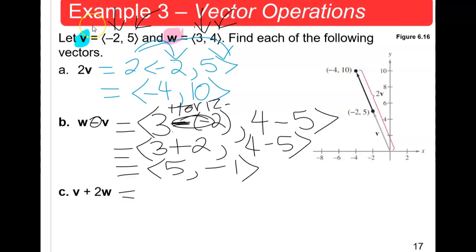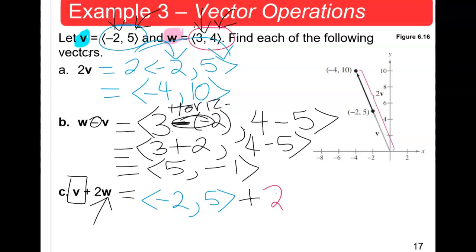Now, for the next problem, we're going to have vector v added to 2 times w. So I'm going to just go ahead and write down what vector v will be from the original question, -2, 5, the one here. And then we will be adding 2 times vector w, which is 3, 4.